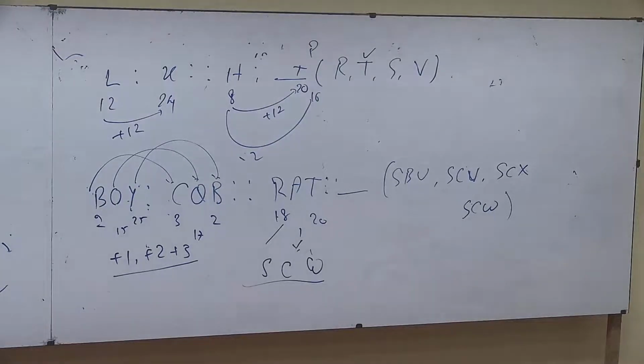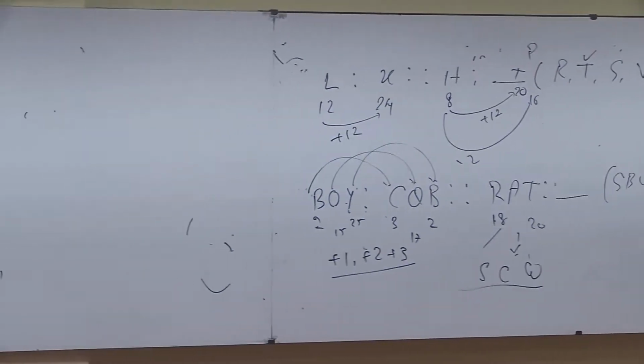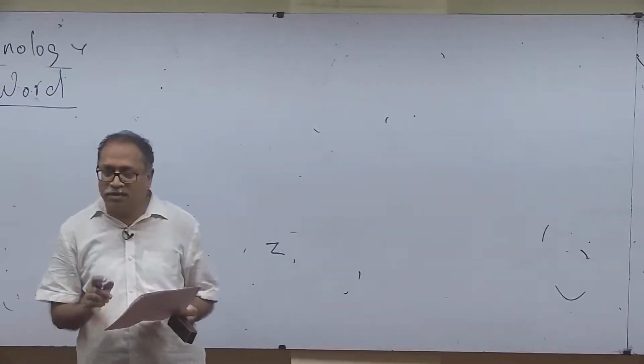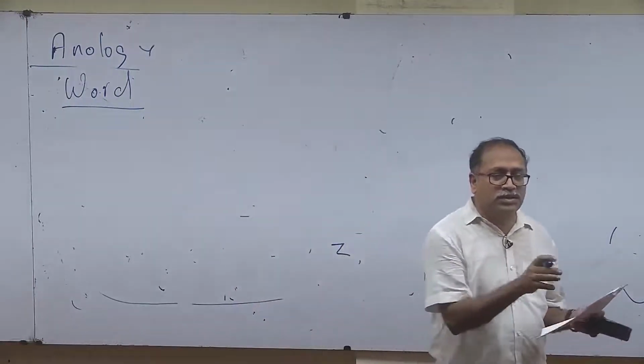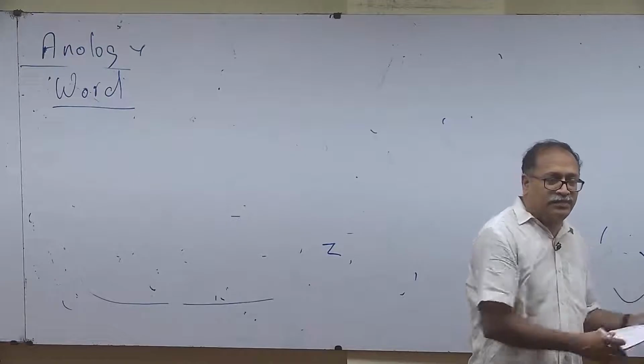In an analogy, we will get word analogies, and mostly the words are related to some kind of subjects like geography. So they may give Europe and the name of a city, followed by Asia and then dash. That particular city is in Europe, in the same way Asia.